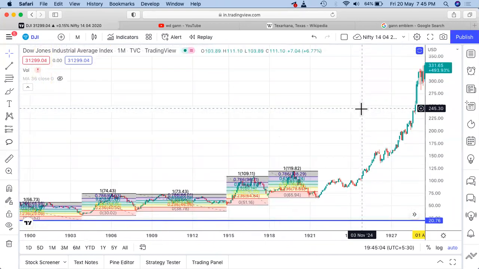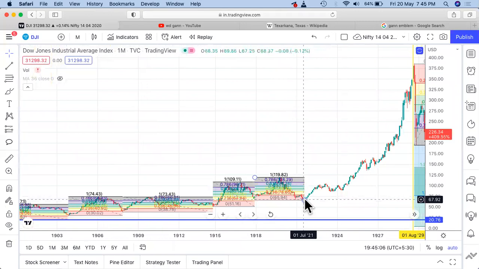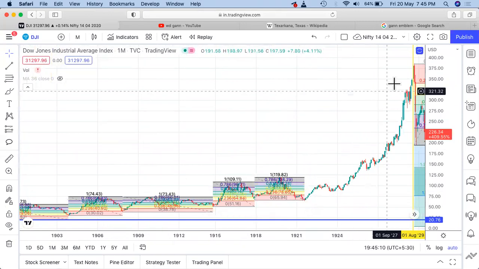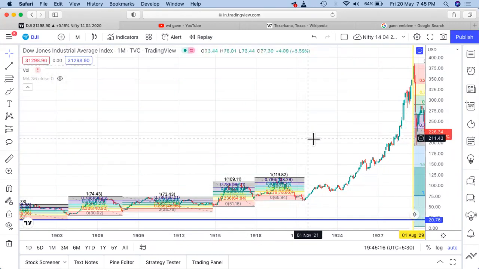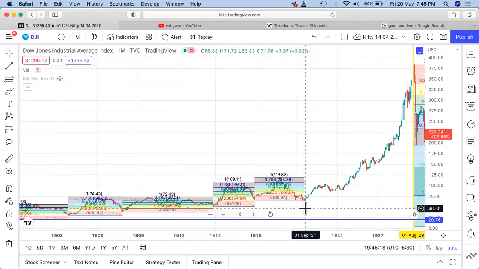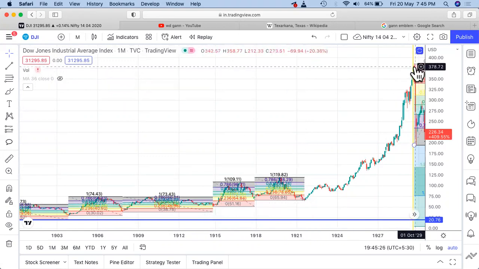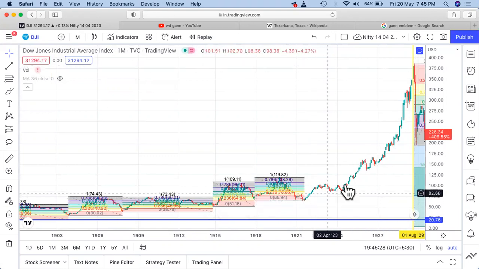After that, what we see is a huge spike from 1921 till 1929. This looks more like a Harshad Mehta scam, which we see in the Indian market. From 1919 to 1929, almost 10 years, there was a huge bull rally.